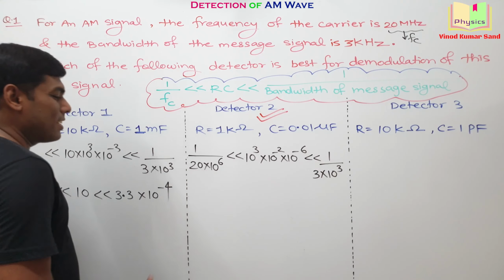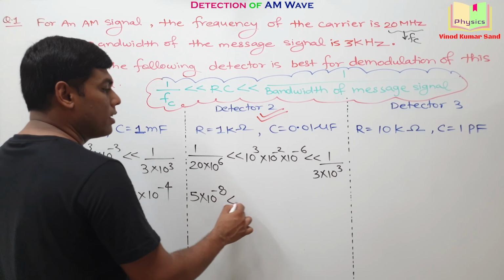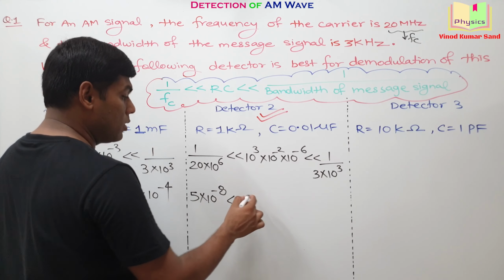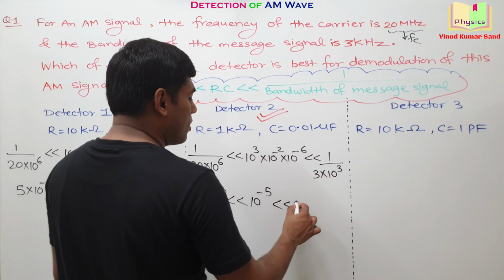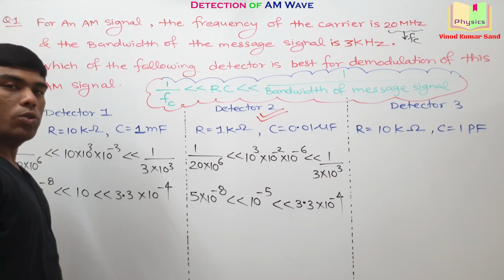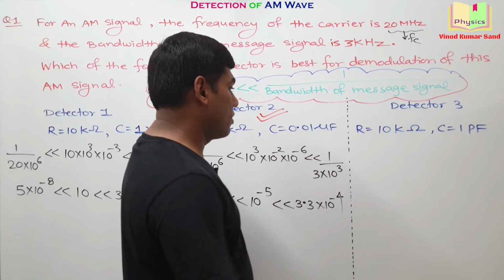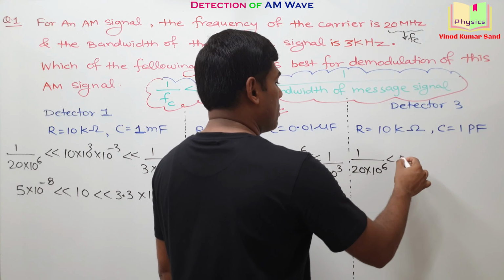This comes out to be 5 into 10 to power minus 8. This becomes 10 to power minus 8, and 10 to power 3 means 10 to power minus 5, and this is 3.3 into 10 to power minus 4. Is it okay?